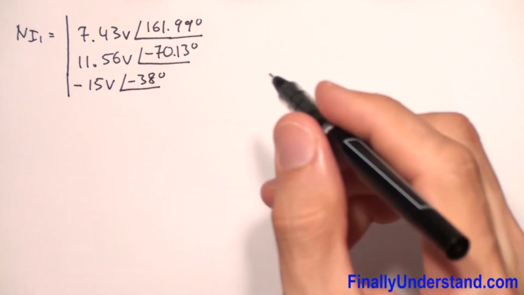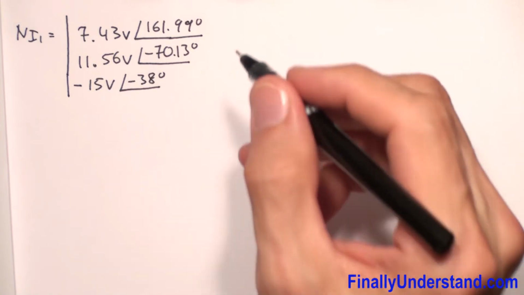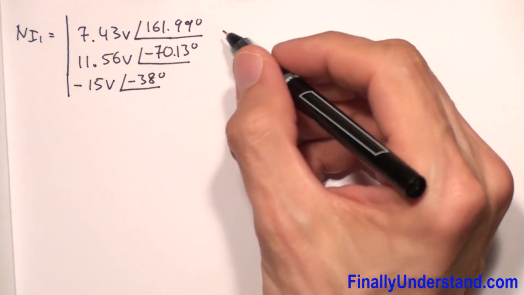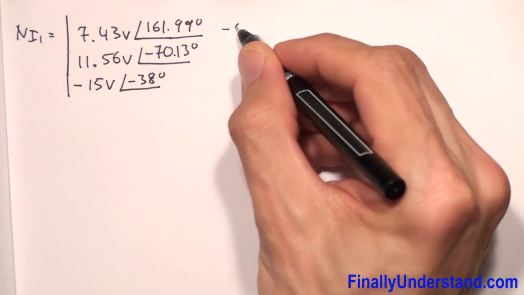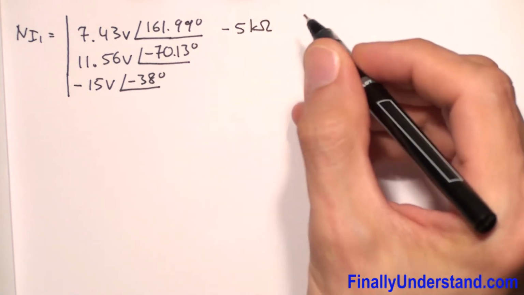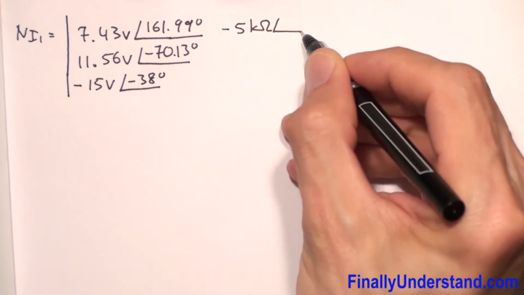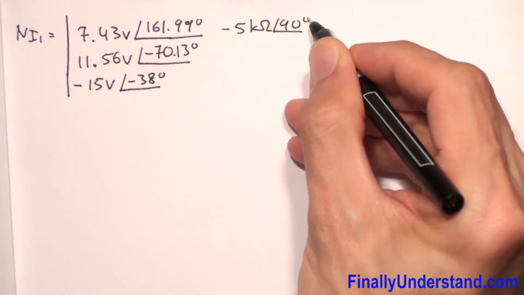Okay, so next we're supposed to copy the second column of the delta, minus 5 kilo ohms and angle of 90 degrees.